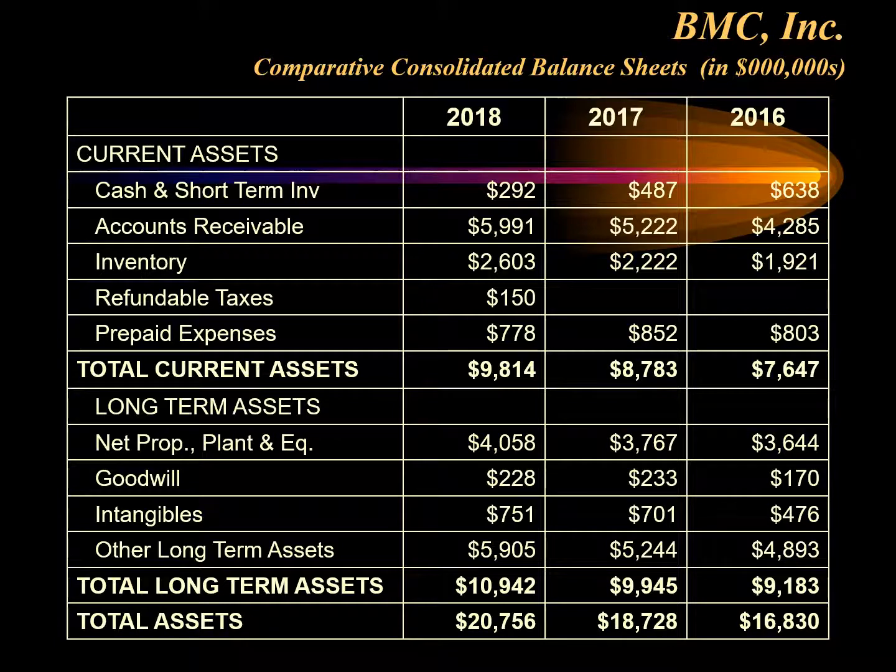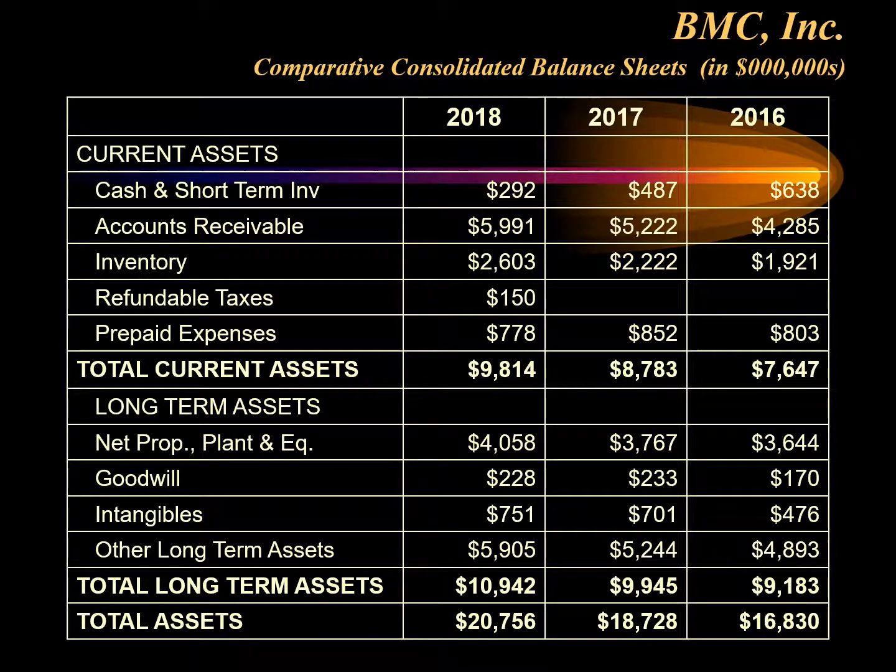So in other words, if they're invested in other companies and they own 51% or more, that is consolidated in this statement. And also notice the numbers are in millions. So this is a very large fictitious company.